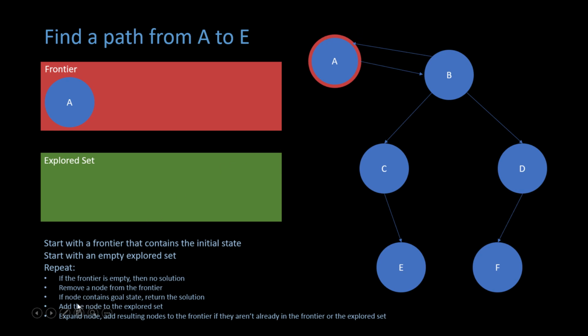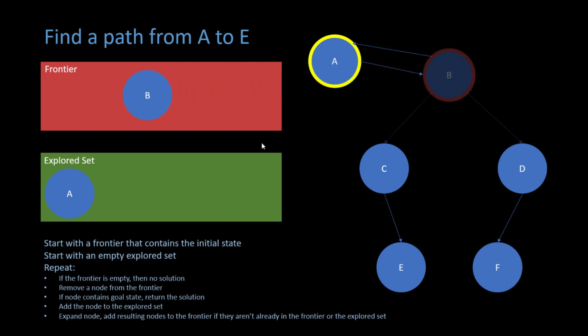But here I will start to actually explore. So now A is part of my explored set. It's here in yellow. Now I need to expand my node. By expanding my node, I get this connection you can see here. And also, though it wasn't used in the course, I added the one that has both arrows, so you can see there won't be any changes.